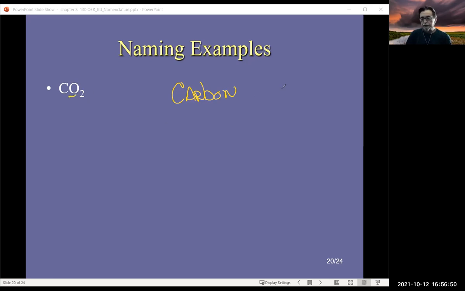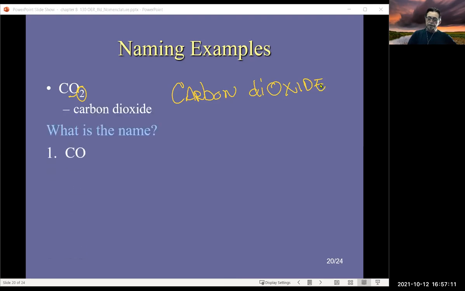Then we have oxygen. That name does not change with respect to ionic or covalent. It is oxide. And then we have two of them, so we put a prefix in front: dioxide. So we have carbon dioxide. This one is a similar scenario.